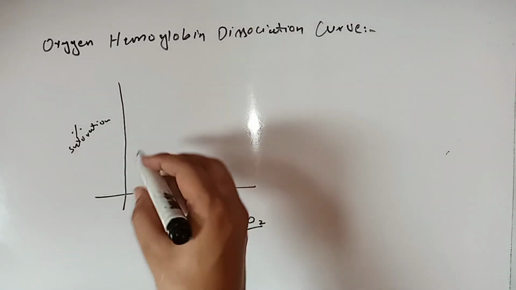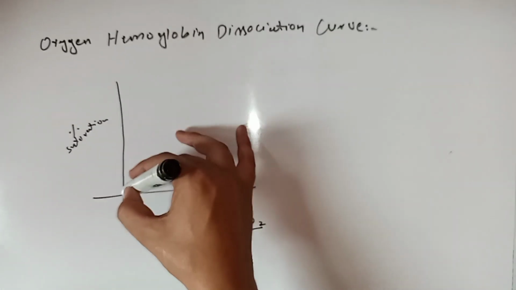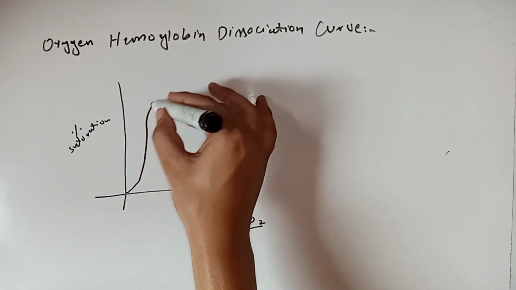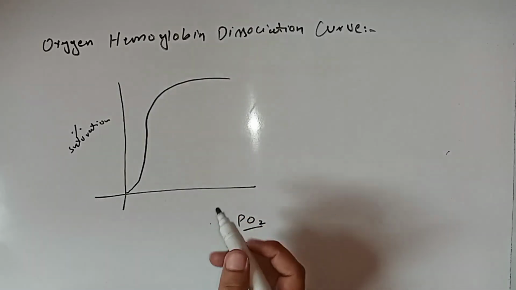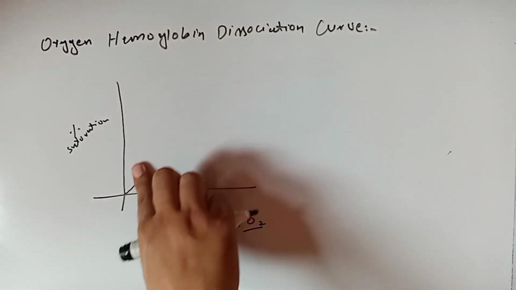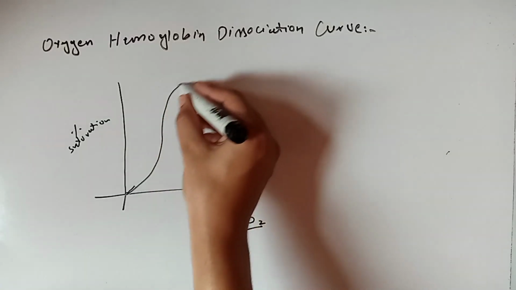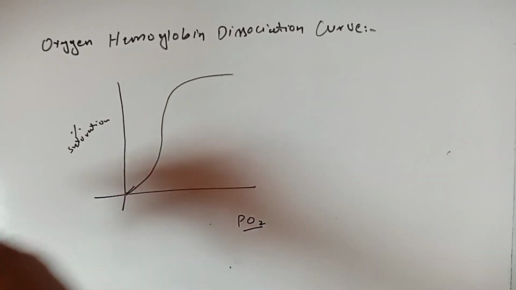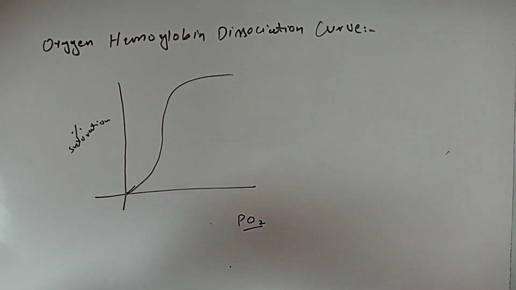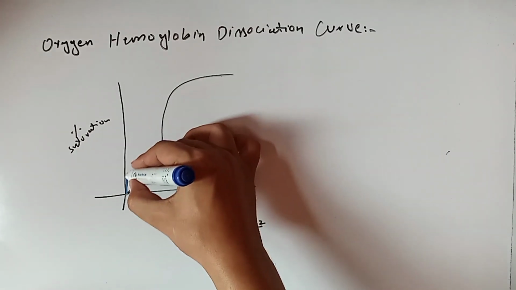oxygen. When we plot the graph for hemoglobin, it comes out like this. You can call it an S-shaped graph. If we plot the same graph for myoglobin, it comes like this.